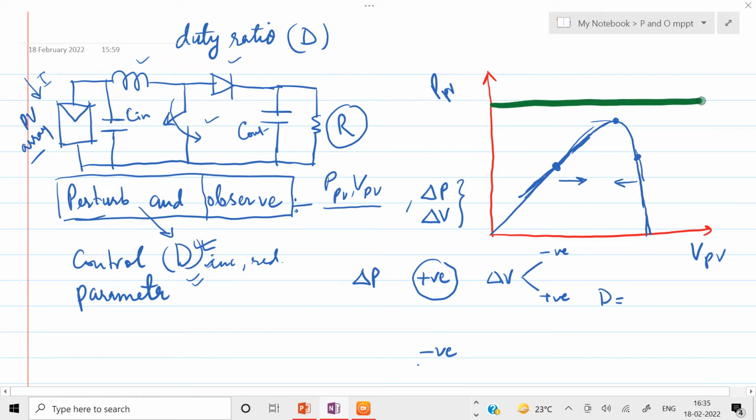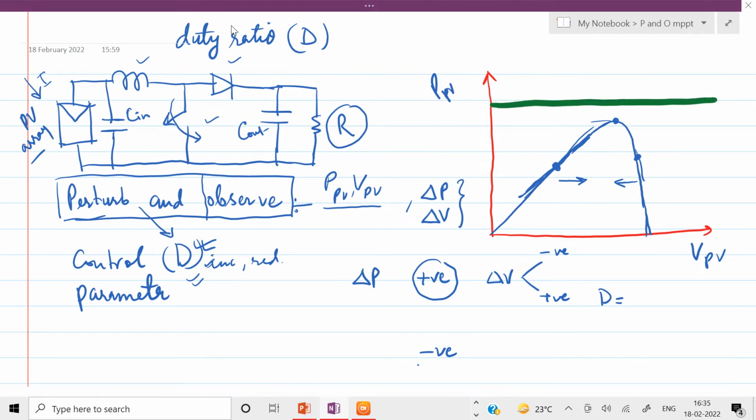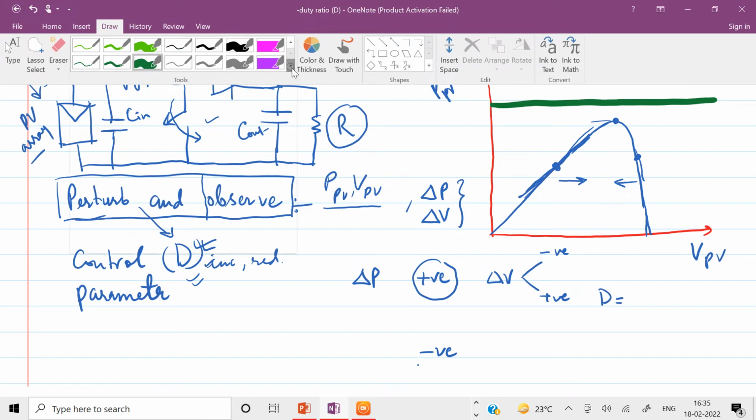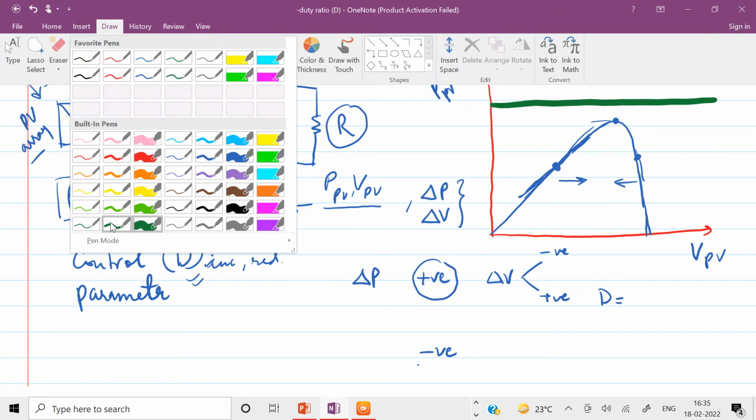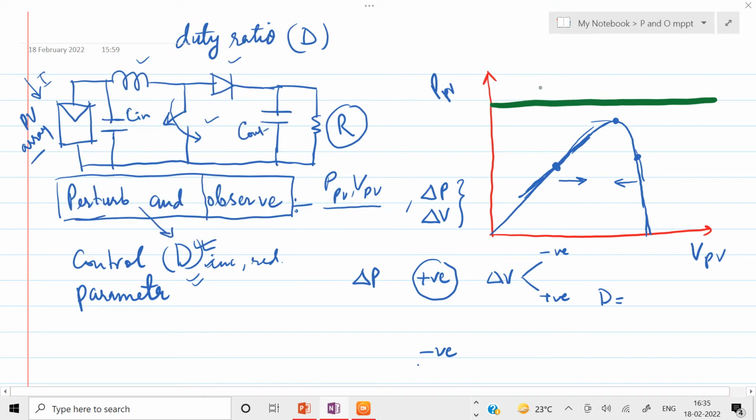Say for example, okay, it's a bit thicker, let me take a less thick one. Okay, so this is PPV and let this be the duty ratio D.